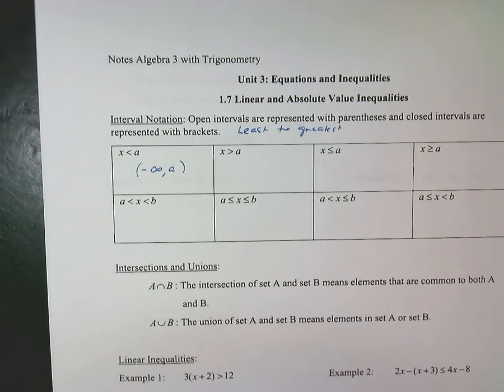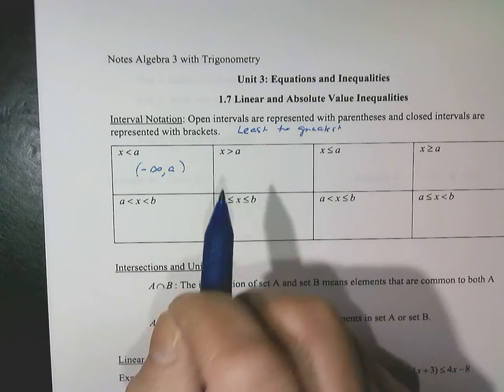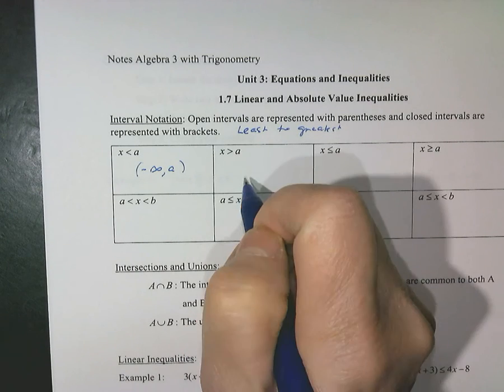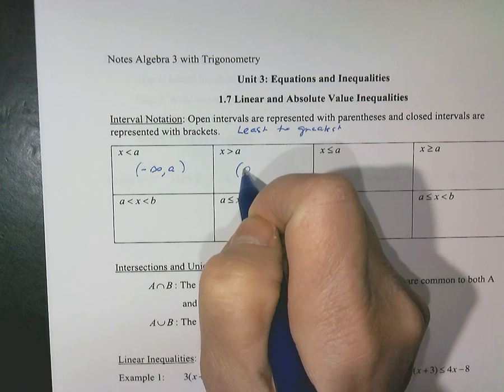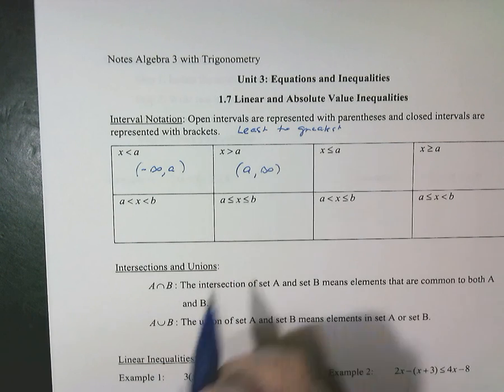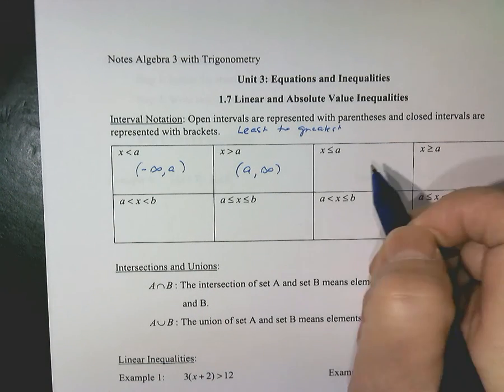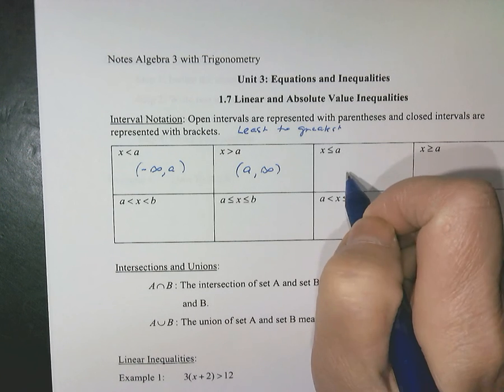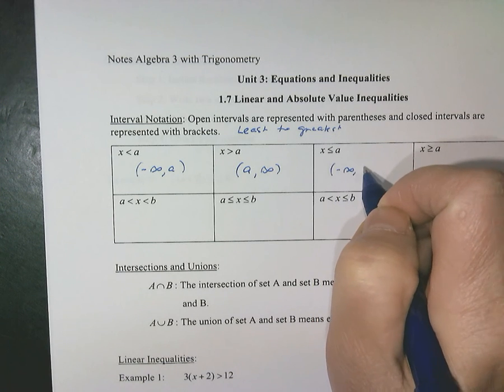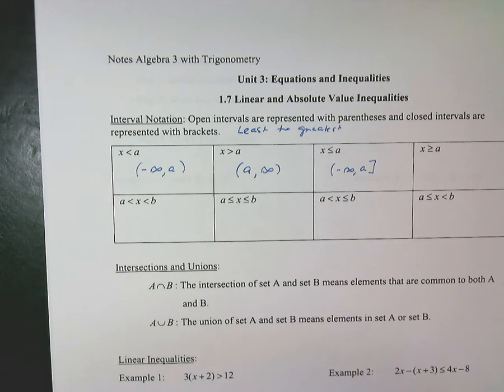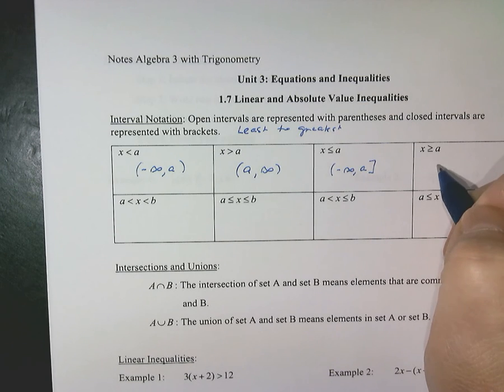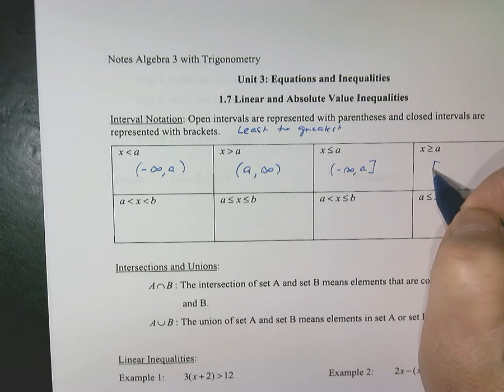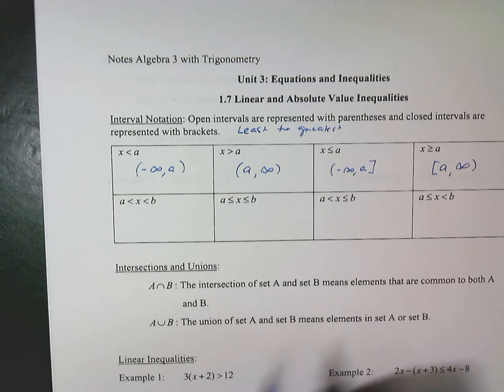You should do that with inequalities as well. So x greater than a means you're going to start with a and you're going to go to the right forever. So from a to infinity. x less than or equal to a, you're going to go from negative infinity to a, and it's going to include a. x greater than or equal to a includes a, goes towards infinity.